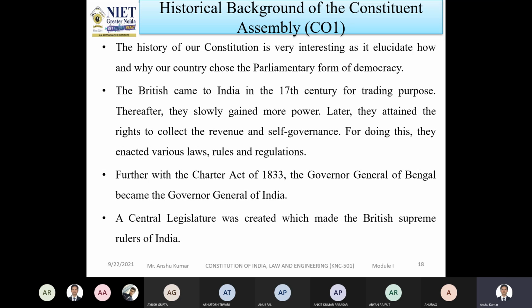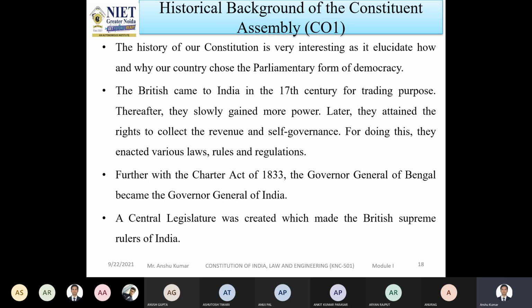The British came to India in the 17th century for trading purposes. As we already know, around 1757 and in 1765, they received the Diwani rights in the province of Bengal.